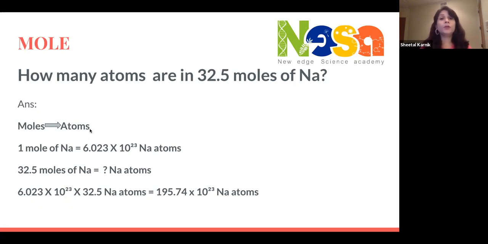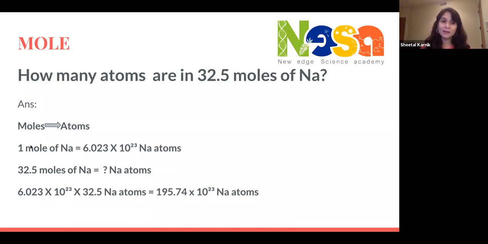Now I'm going to put, what do I know? I know that 1 mole of anything, and in this case it is sodium, equals this many sodium atoms. They are giving me 32.5 moles. So 32.5 moles of sodium equals how many sodium atoms?